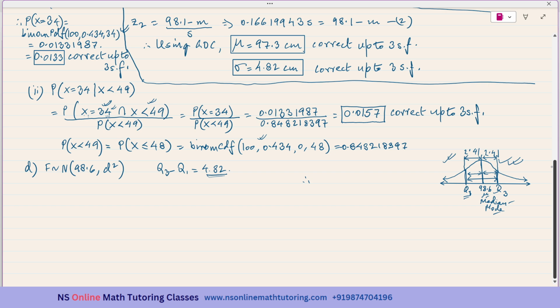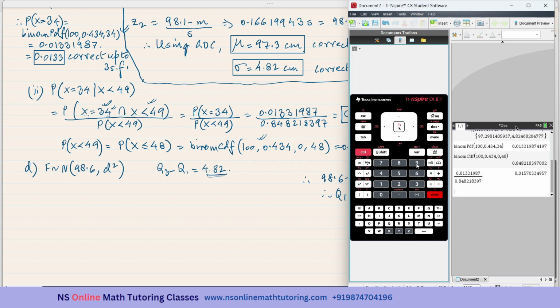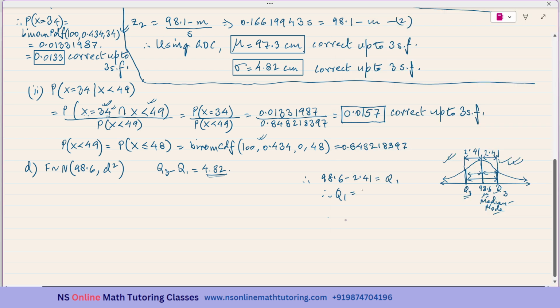Okay, so 98.6 minus 2.41 is equal to Q1. Therefore, Q1 is equal to, let us find, 98.6 minus 2.41, enter, 96.19.